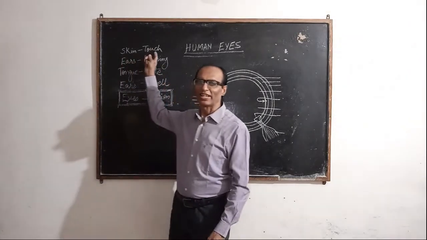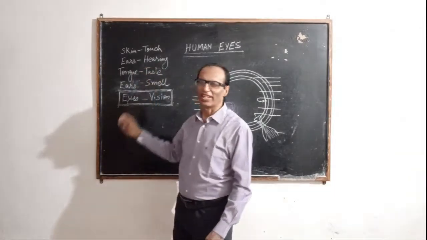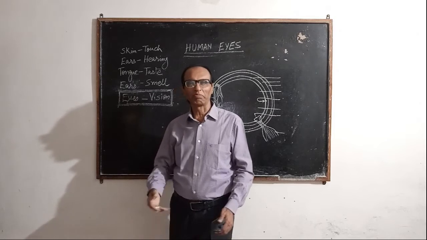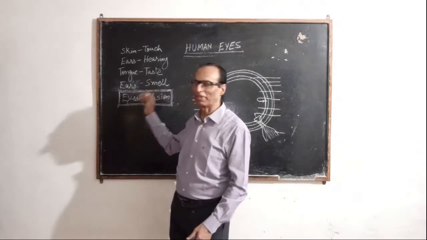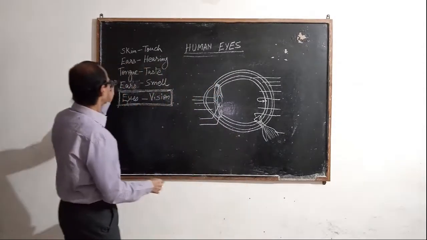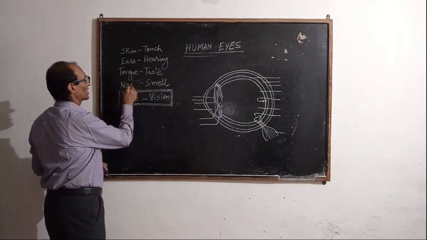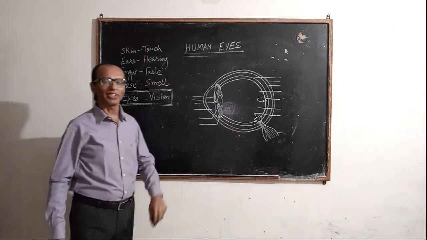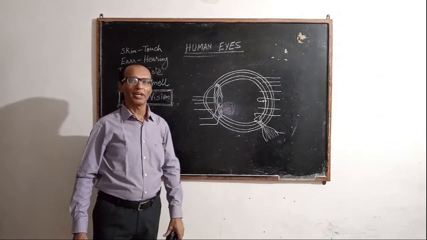Skin for the sense of touch, ears for hearing, tongue for taste, and then it was just an oversight, over-ambitiousness, that I mentioned ears for smell. In fact, that should be nose for smell, and of course eyes for vision. And we started with our class.